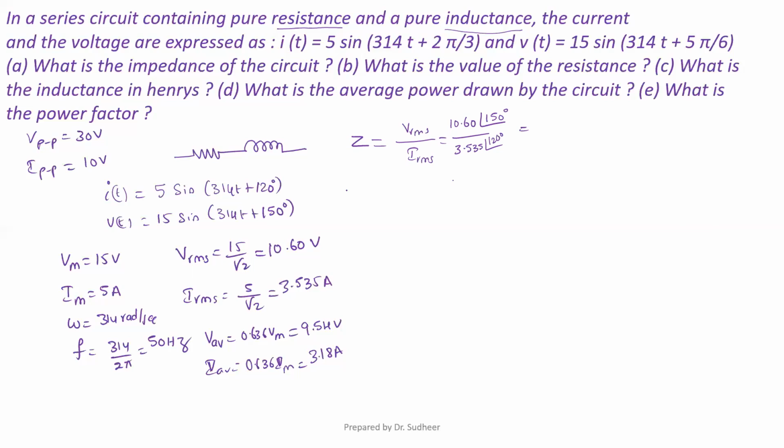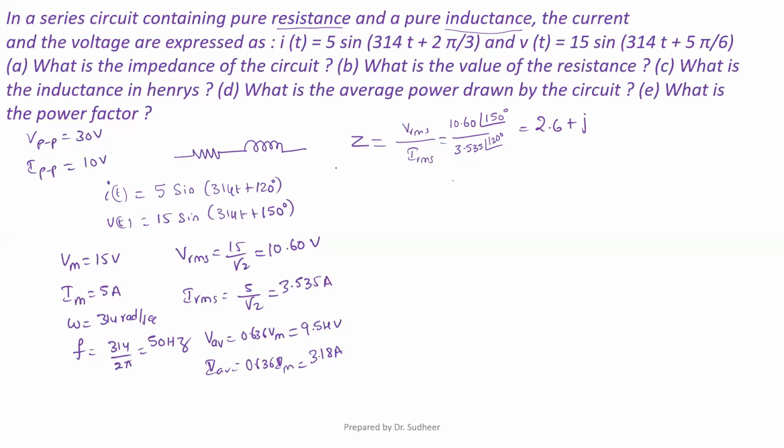Enter 10.60 at an angle of 150 divided by 3.535, shift at an angle of 120 degrees. So directly you are going to get it in rectangular form, that is 2.6 plus j 2.596.